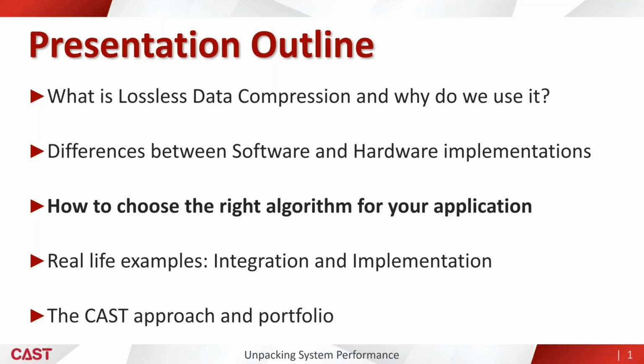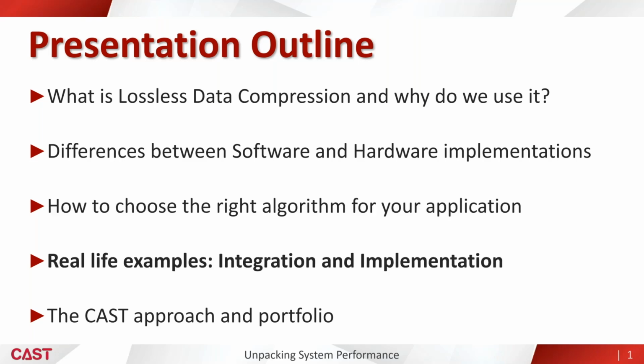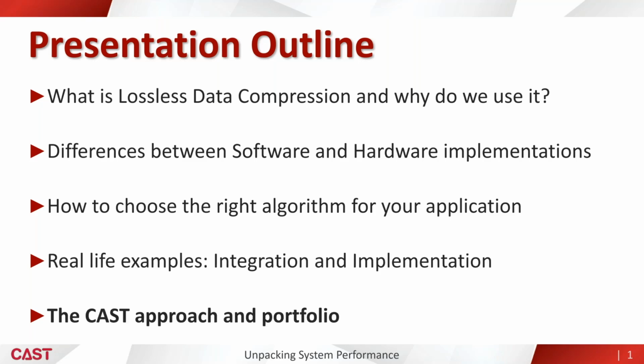Then we will proceed on how to choose the right algorithm for a design application, and what are the characteristics and the parameters we need to decide. We will then see some real-life examples about how to integrate the core in a system, and some real-life implementation results for actual CAST customers, and also further examples of implementations. We will finally conclude with a brief description of how CAST approaches the lossless data compression IPs, and what solutions we can offer to developers and designers from the CAST portfolio.